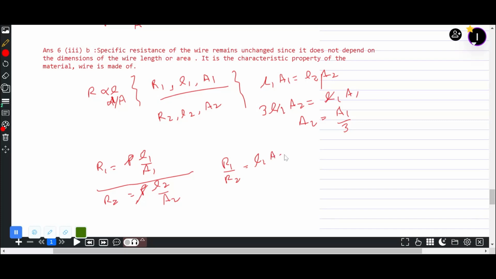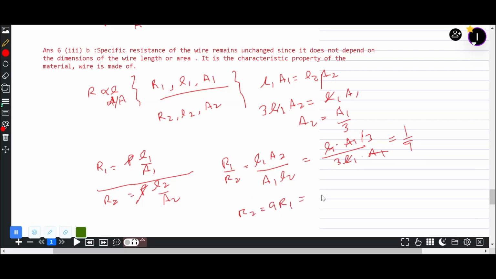So this will become L1 A2 over A1 L2. Now we know that L2 is 3L1 and A2 is A1 by 3, so L1 into A1 by 3 divided by 3L1 into A1. So A1 adjusts A1, L1 adjusts L1, we are left with 1 by 3 over 3, that is equal to 1 by 9. So that means R2 is equal to 9 R1.